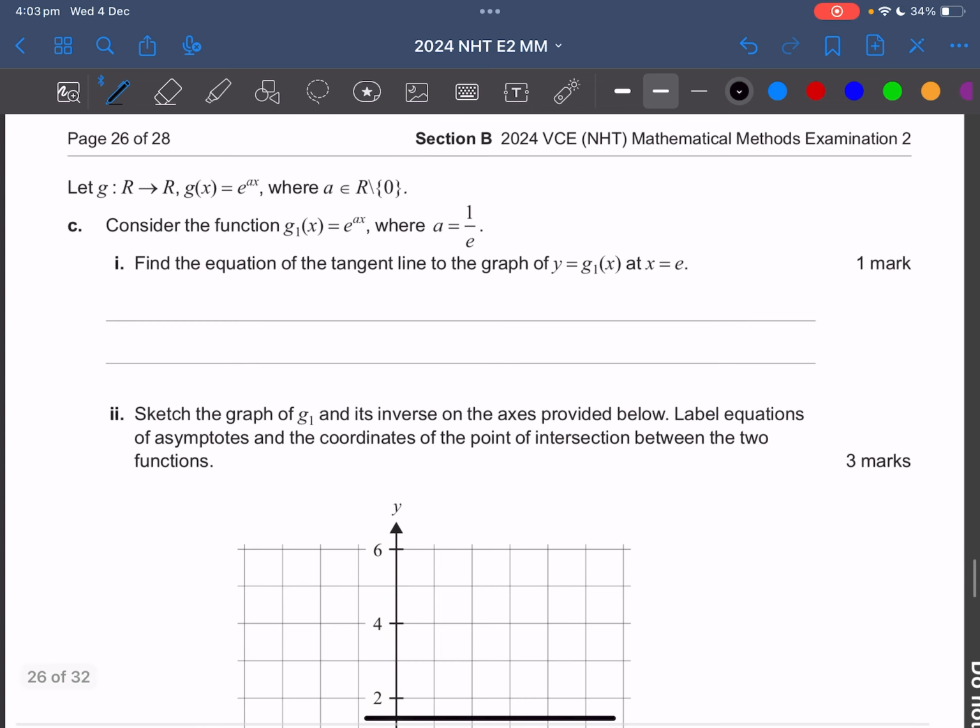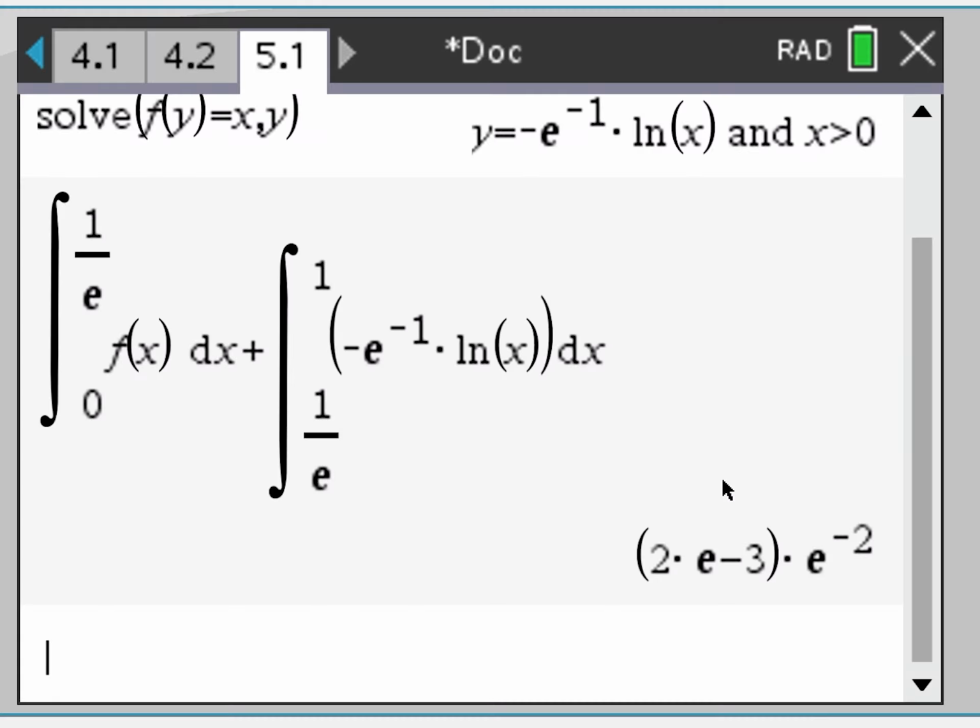Alright, so let g of x be this, where a can be all real numbers except 0. Consider the function g1 of x equals e to the power of ax, where a is 1 on e. Find the equation of the tangent line to the graph of y equals g1 of x at x equals e.